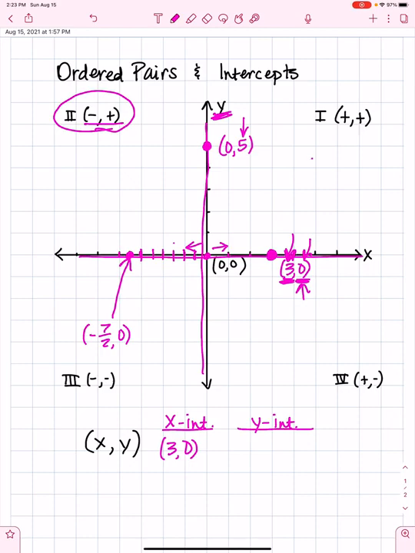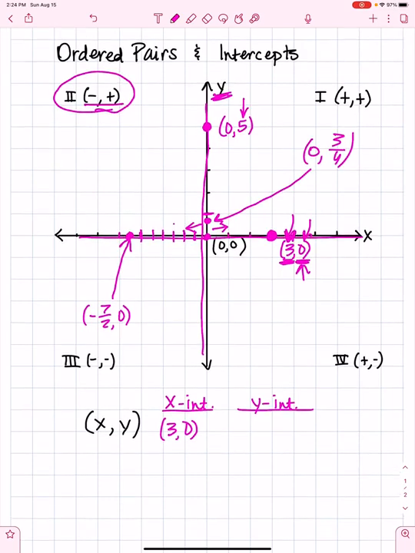Let's say I had 0, 3/4. So 0, don't move right or left, I move up 3/4. Well, 4/4 makes a whole, so 3/4 would be right there, roughly. Okay, that is how your intercepts work. Hopefully that wakes up your brain and helps you remember ordered pairs and intercepts.